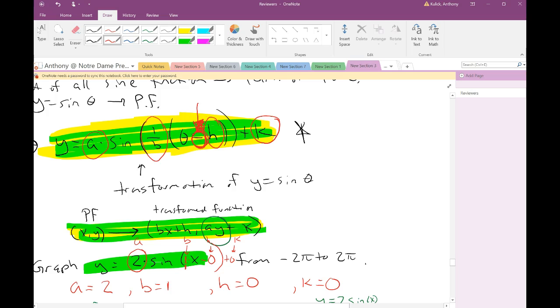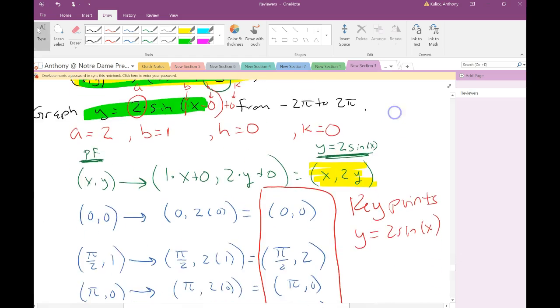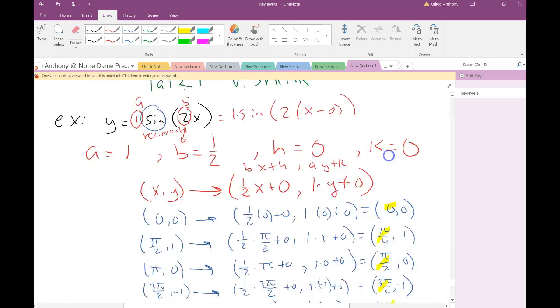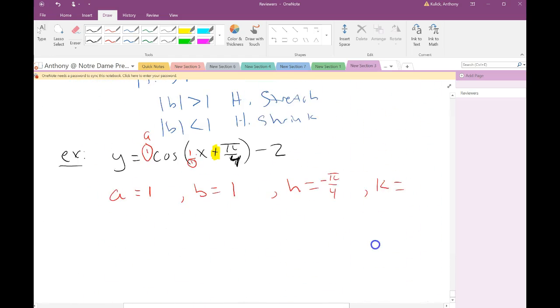Minus. So if I plugged in a negative pi over 4 there, minus a negative is positive. So that's why. You could really think about this as cosine of 1 over 1 times x minus a negative pi over 4, minus 2.